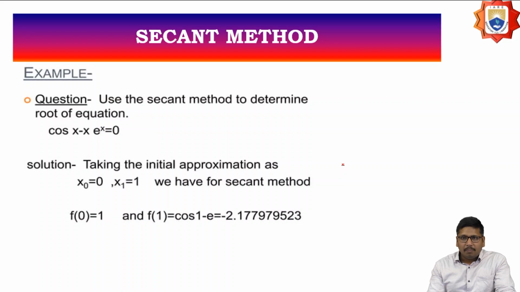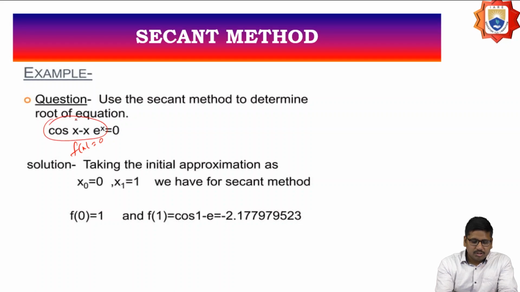How are we going to apply this method to find the root of an equation? For this, I am going to take the equation cos x - x e^x = 0, so f(x) = 0 and f(x) is this one.